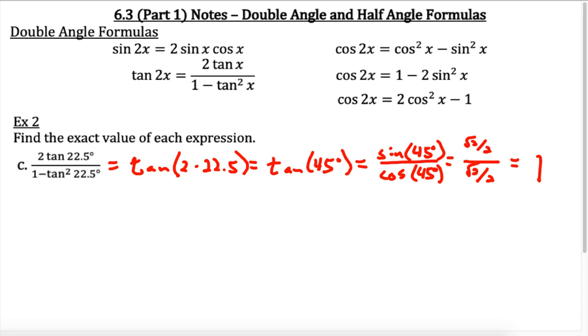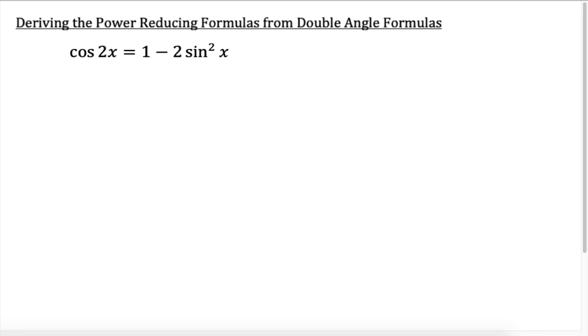All right, so now let's take a look at power reducing formulas. These come directly from our double angle formulas. So what I am going to do is take my double angle formula for cosine of 2x, this form of it, and solve for sine squared.